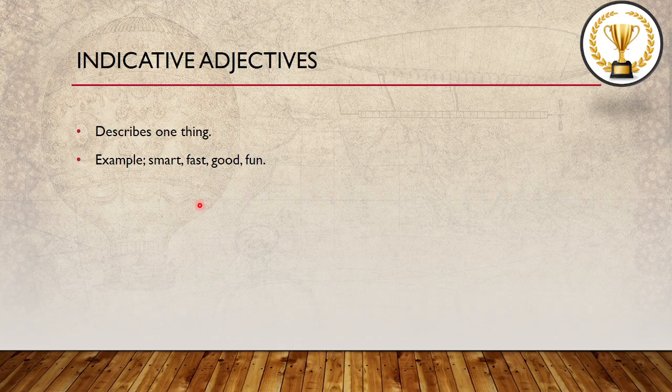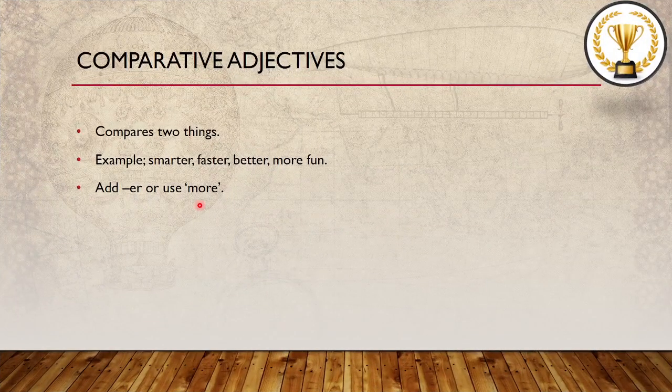We'll see the next one, that is the comparative adjective. So it compares two things. So in the name itself, comparative means it's something with comparison. So in comparative adjectives, it compares two things. For example, smarter, faster, better, more fun. So now you can say, now you have two dogs. So one is faster than the other. So how you say is, dog 1 is faster than dog 2. So you compare. So the faster dog will be dog 1.